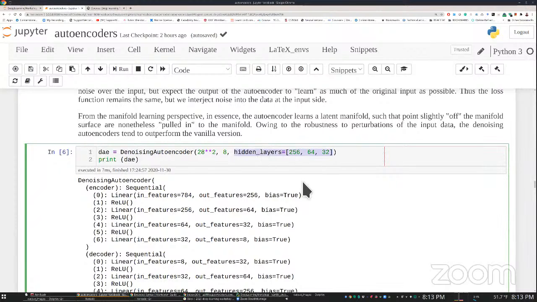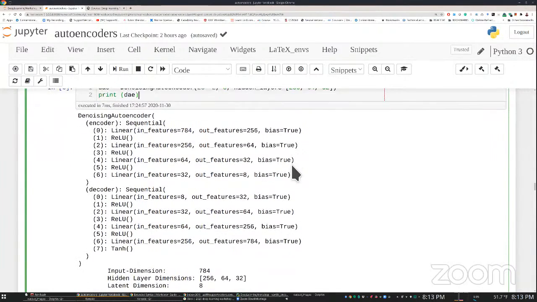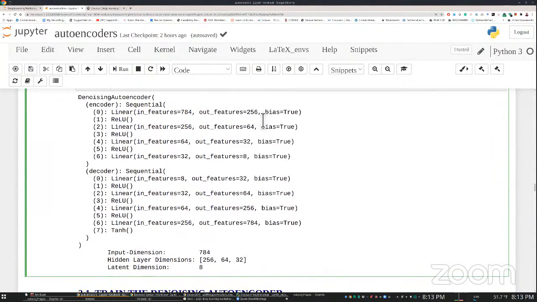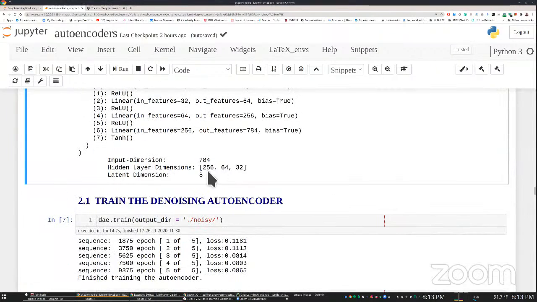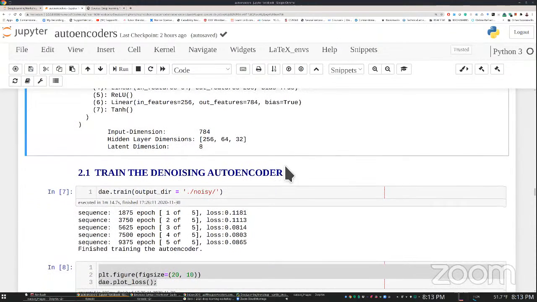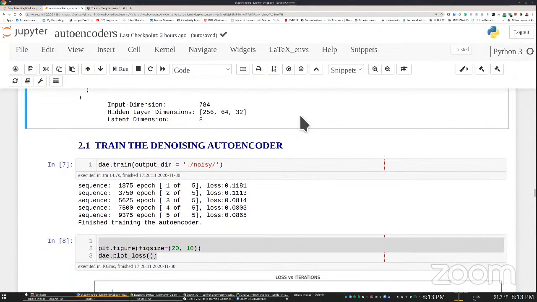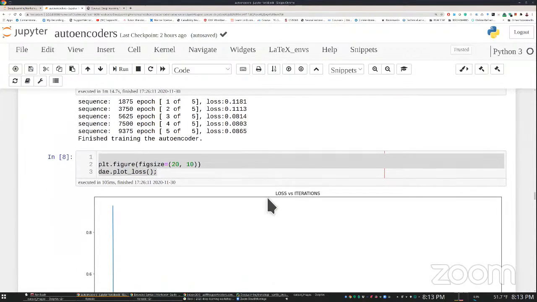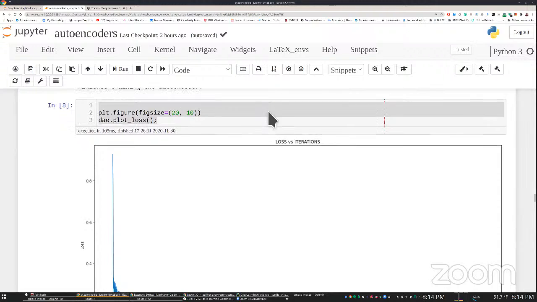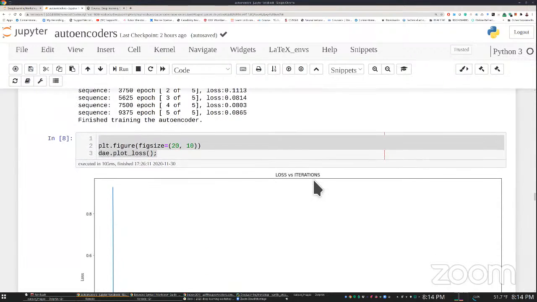For no particular reason. It's just playing around and seeing that you can do that. When you do that, this becomes your architecture: 256 to 64 to 32 to 8, and 8 goes back to 32, 64, 256, 784. So these are your input and hidden dimensions. Then I'm storing the data in a directory called noisy. You can give whatever name you want, some directory to put it in.